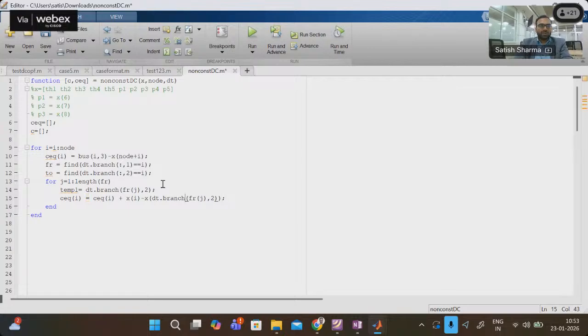So this is our theta I minus theta j, and I have to divide the entire thing by xij, the reactance of the line. The reactance of the line is dt dot branch, and the branch number was from j, and x is available at the fourth column.